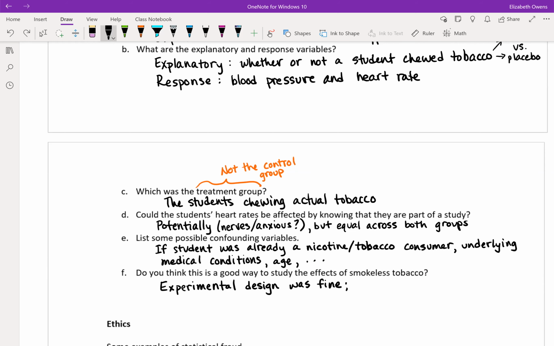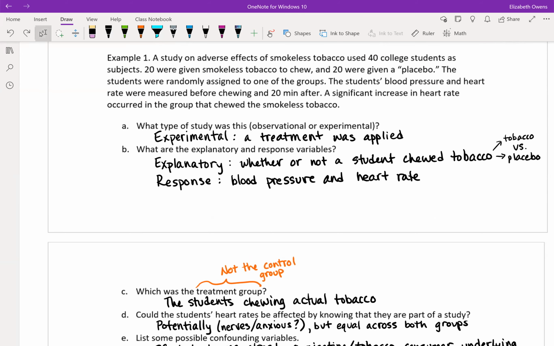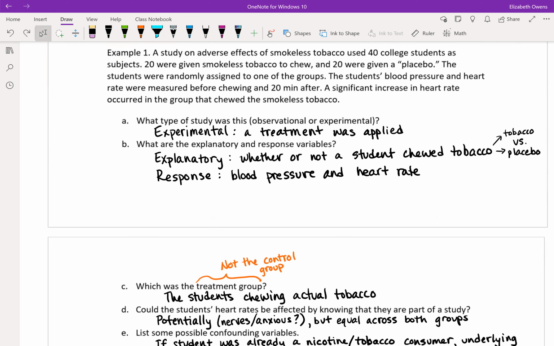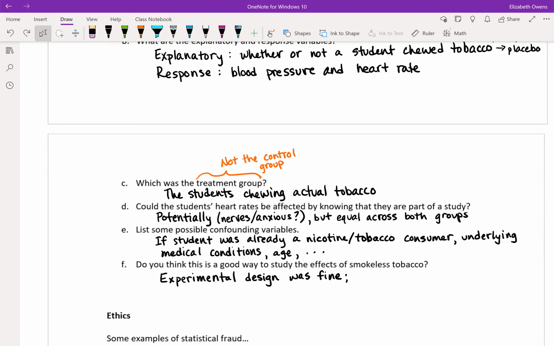The fact that this study was just done with 40 college students is a pretty limited population that we can generalize these results to. We are just focusing on college students. So, for effects of smokeless tobacco overall, I would not say it's so great.